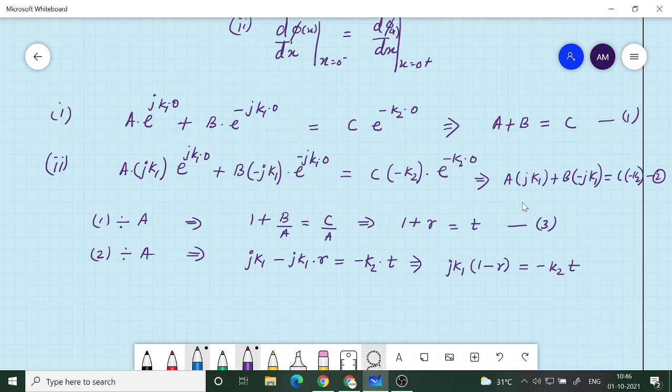Now if I want, I can take this j to the other side and put it on the top, and it will become minus j, so minus minus will cancel. I can do it this way.